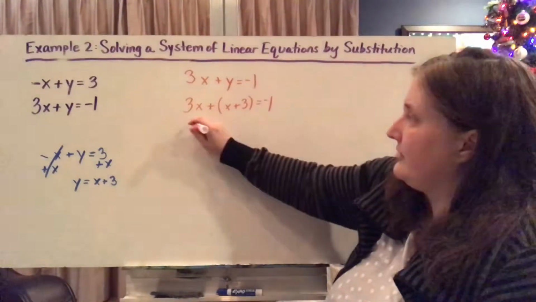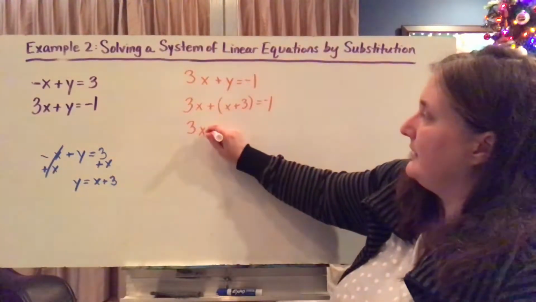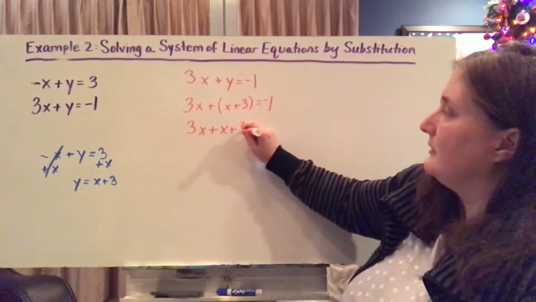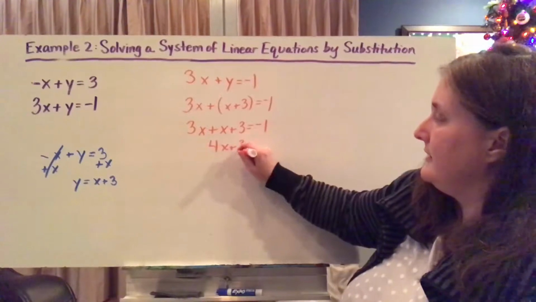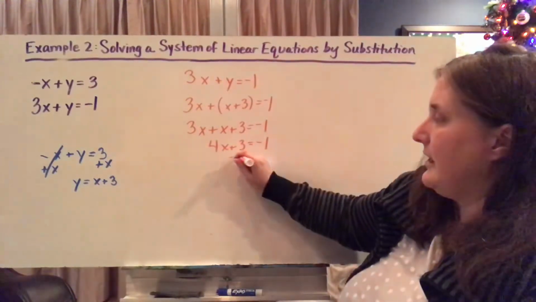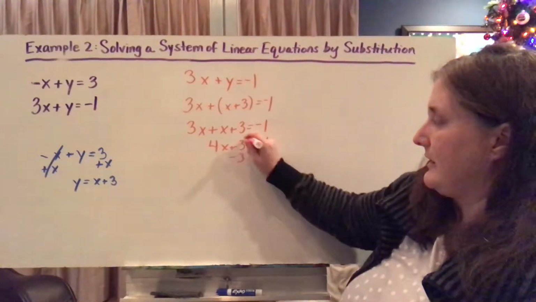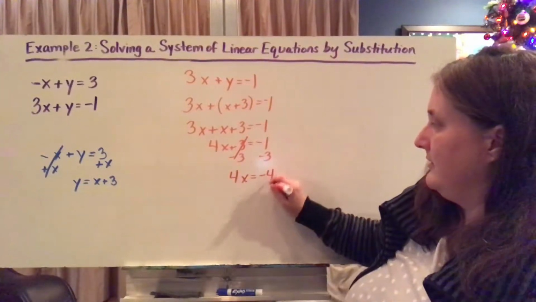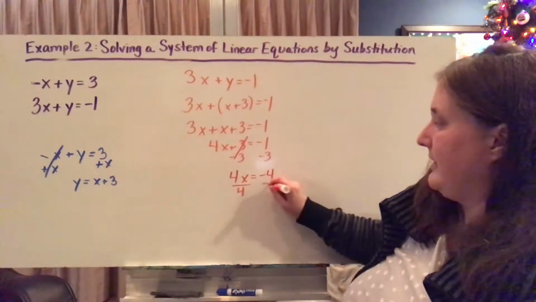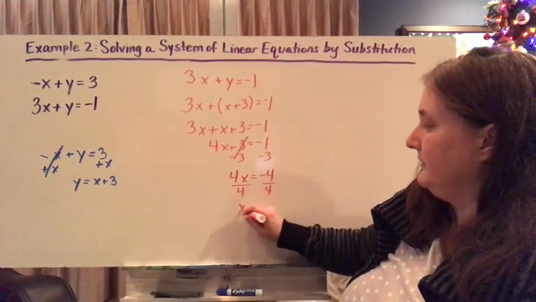That's not going to change anything. So I'll have 3x plus 3 equals negative 1. Or 4x plus 3 equals negative 1, and I'm just going to continue solving for x here. And I finally get that x equals -1.